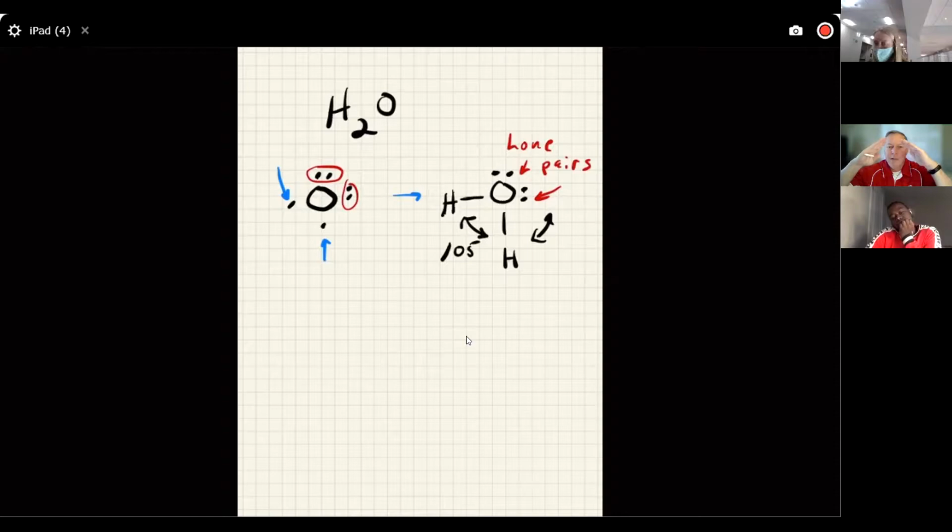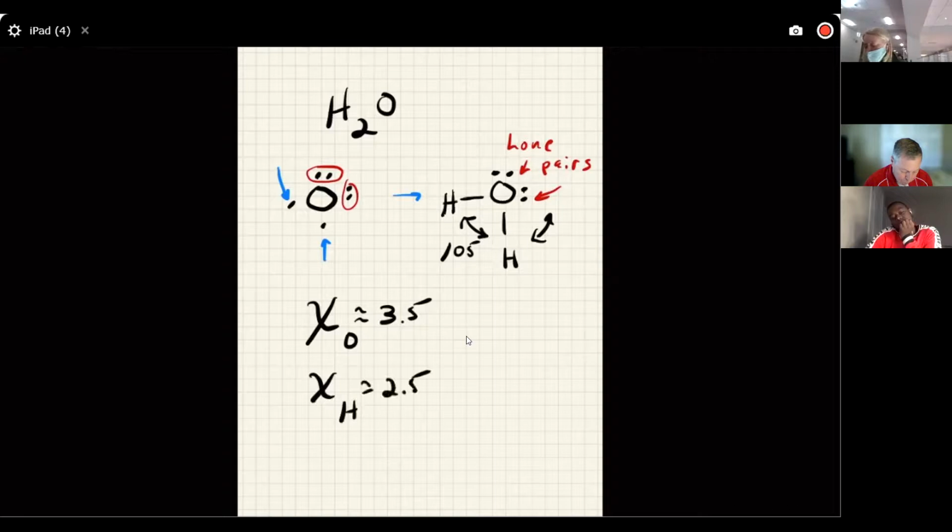So that's why that HOH angle is slightly compressed from 109, okay? Now, so here's water, but chi for oxygen is approximately 3.5. Electronegativity of oxygen is 3.5. The electronegativity for a hydrogen atom is again approximately 2.1.